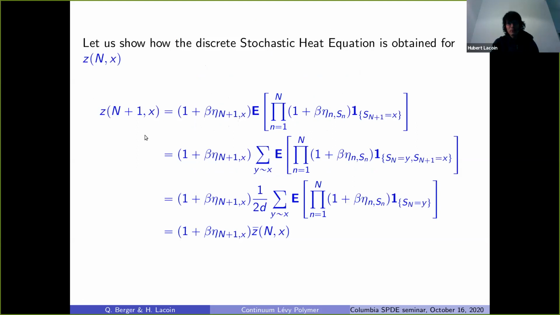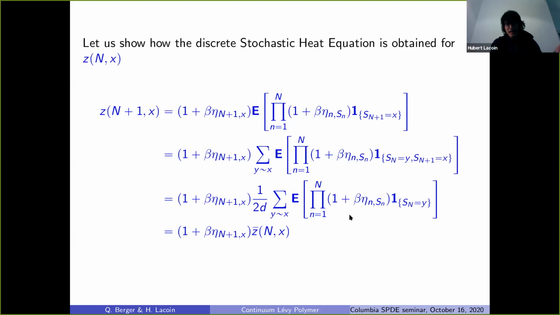When you try to compute Z_{n+1}, in your expectation, all the paths you are taking the expectation over have the same endpoint. So you have this factor 1 plus beta eta_{n+1}(x) that appears everywhere, so you can take it out of the expectation. Then another thing you can do is to say, if you have to be at x at the final step, then at the step before you have to be at a neighbor of x, and you decompose over all the possibilities.